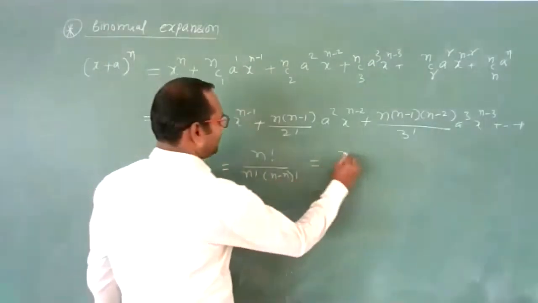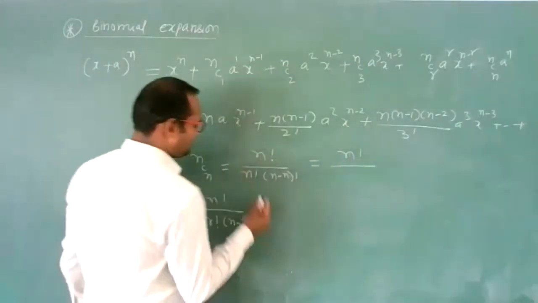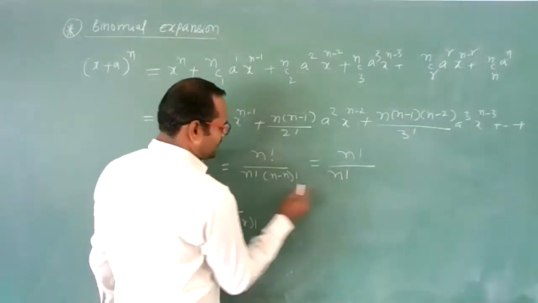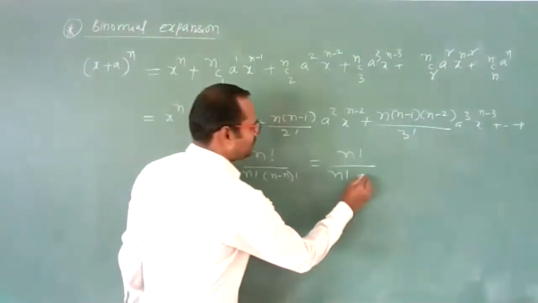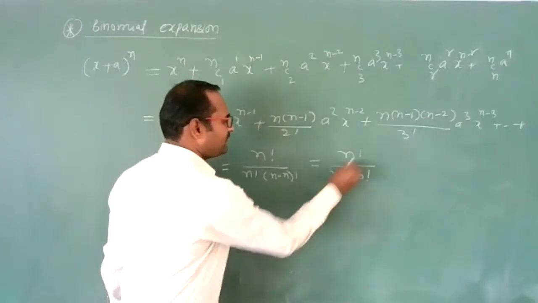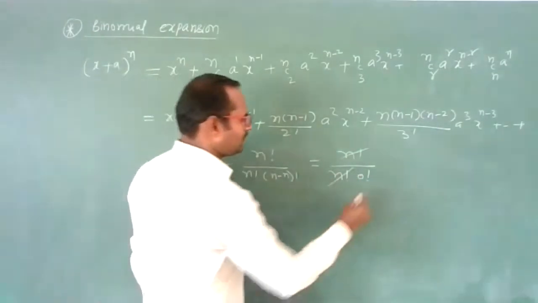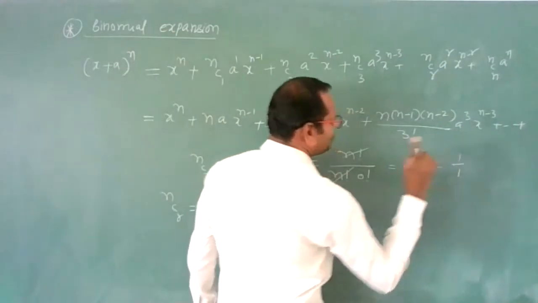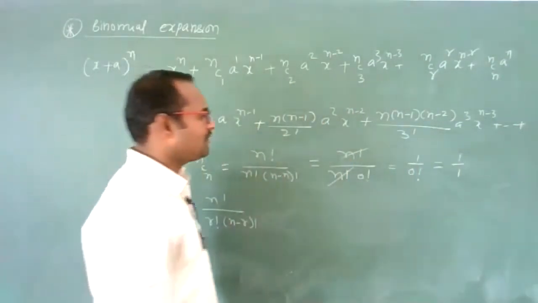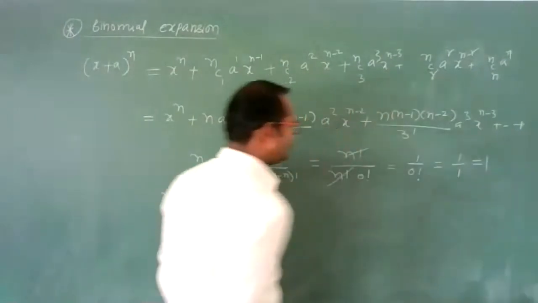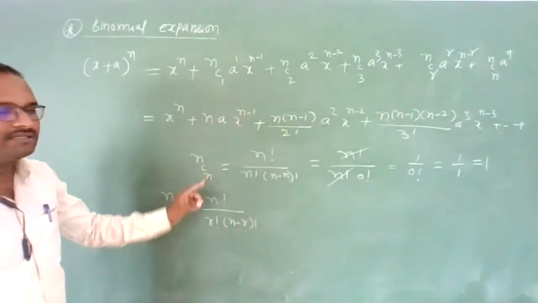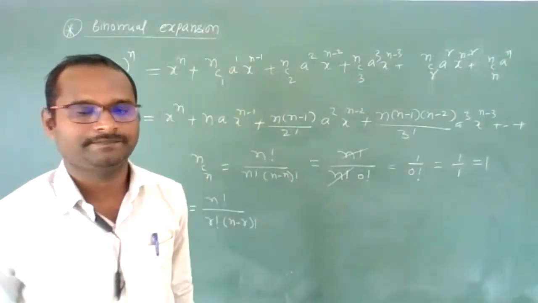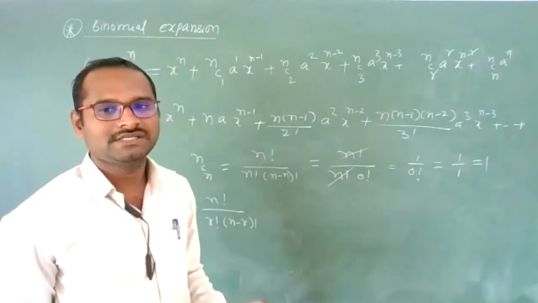So n factorial divided by again n factorial, and n minus n is 0, so 0 factorial. N factorial cancels, you will get 1 by 0 factorial. Just now I told you 0 factorial value is 1, means 1 by 1, which is nothing but 1. Means NCN is always 1. Remember that point: NCN value is always 1.